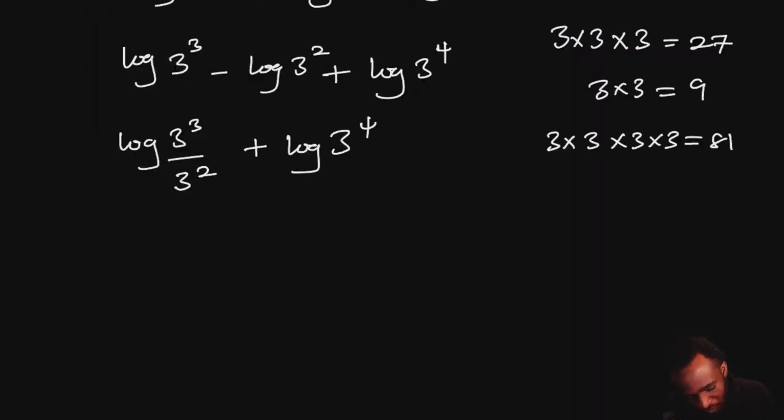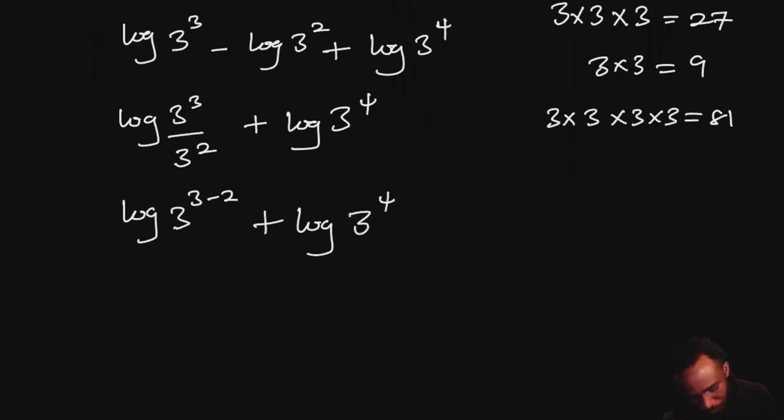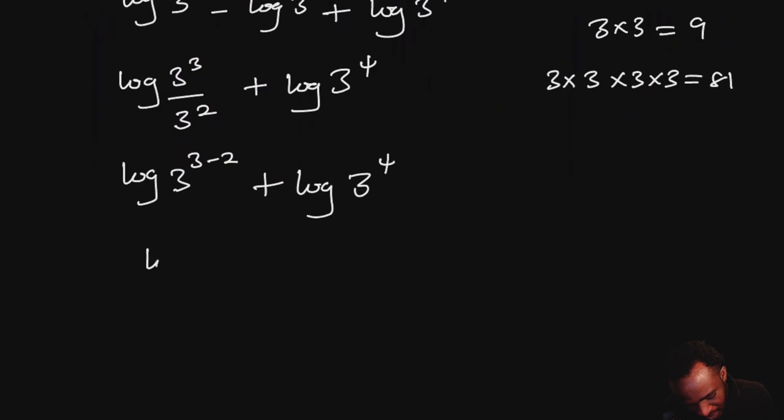So we have over here log 3 to the power of 3 minus 2, because according to the law of indices, we have to subtract. Then we rewrite this log 3 to the power 4. So we have over here now log 3 to the power of 1, but we don't write it. Log 3 to the power 4.